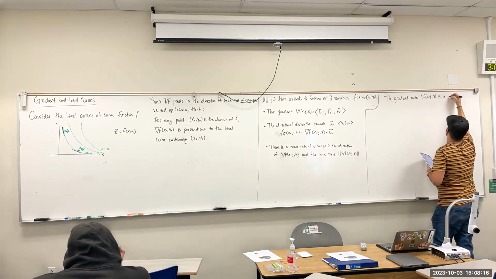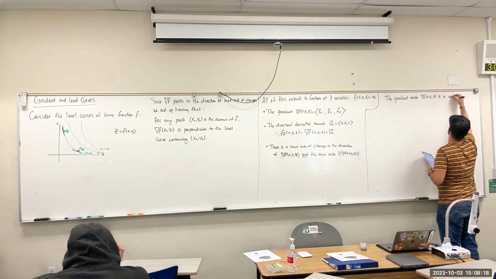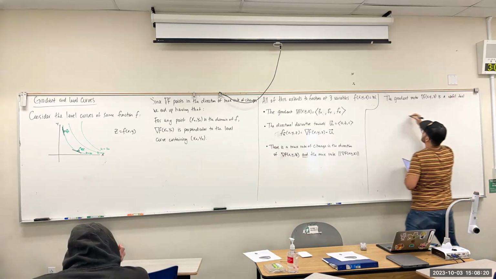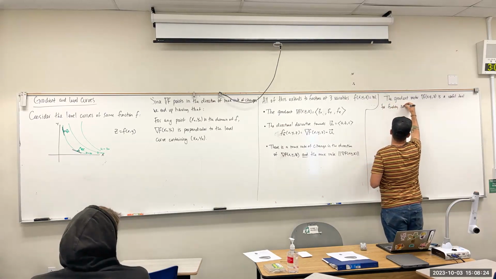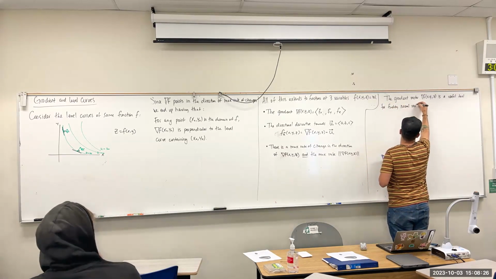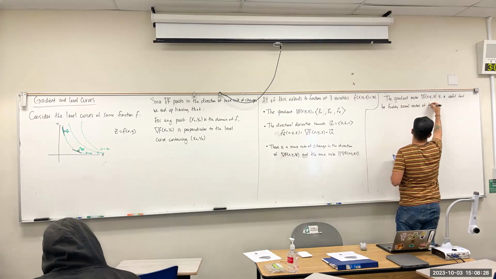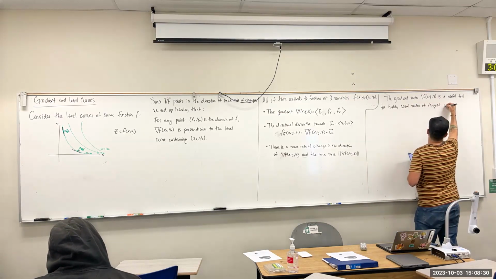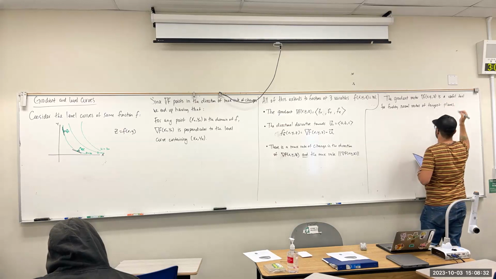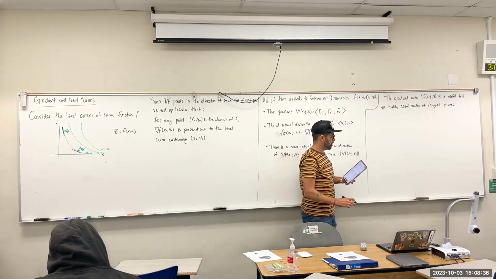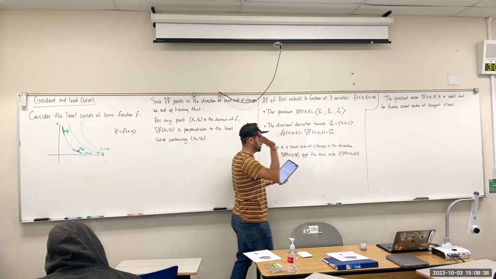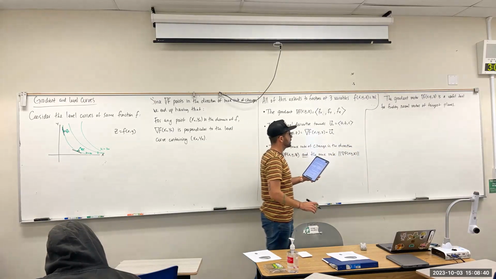The gradient is a useful tool for finding normal vectors of tangent planes. And let me show you how we're going to do this, and then we'll be done. We're done with this section.